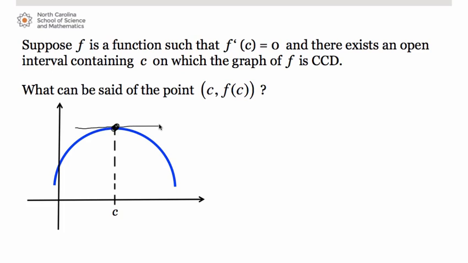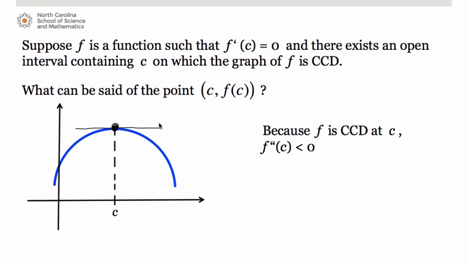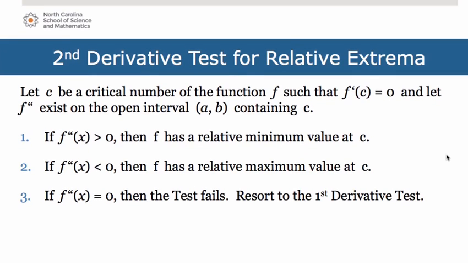So what can be said about that point? Well, since we know the function at that point is concave down, we know therefore that the second derivative at that point is less than 0, and we can tell from the graph that it is at c that we have a relative maximum.